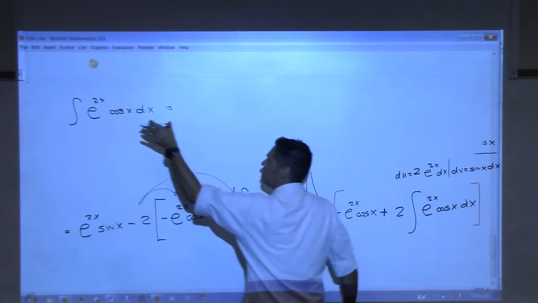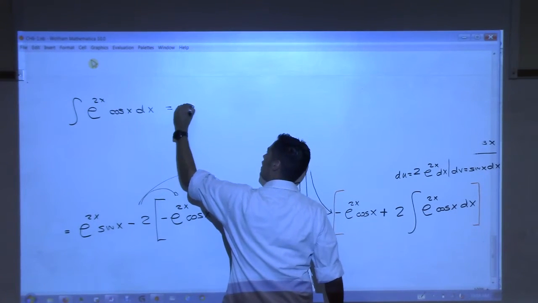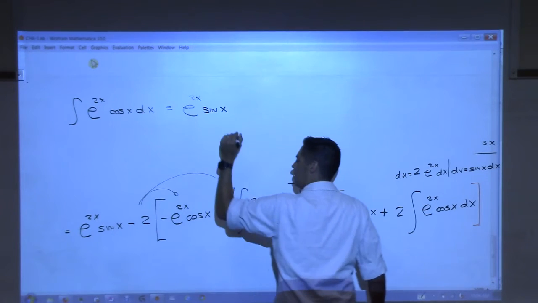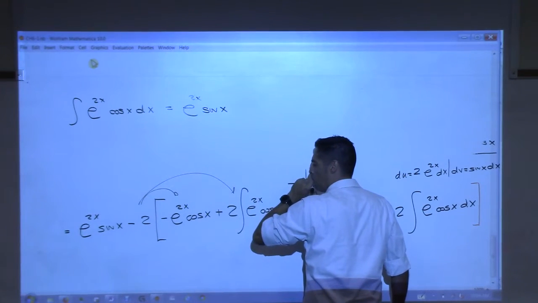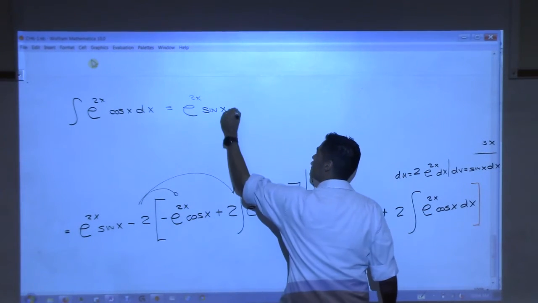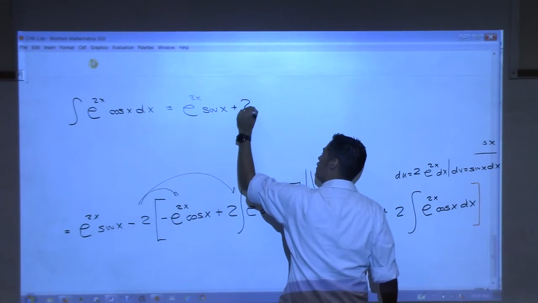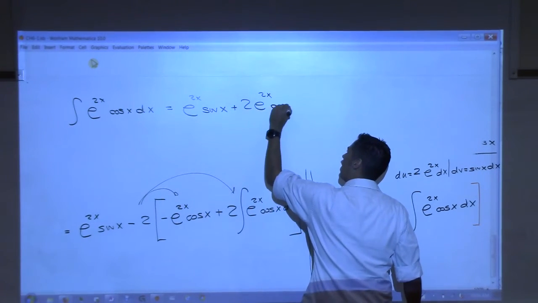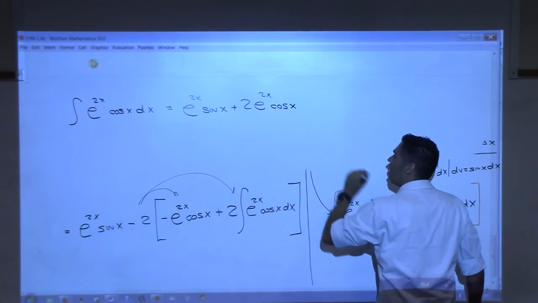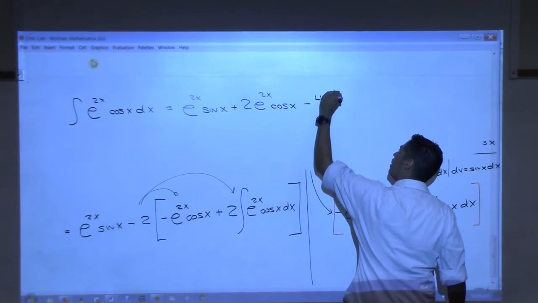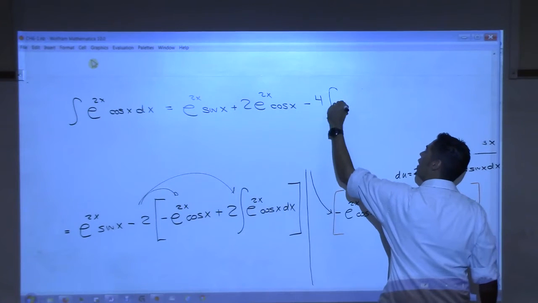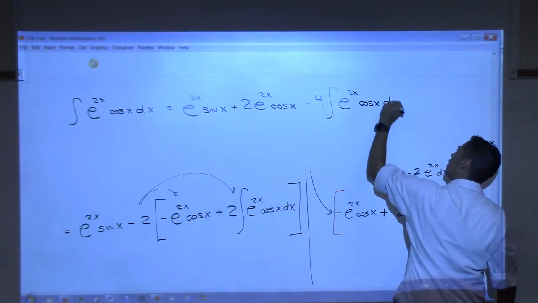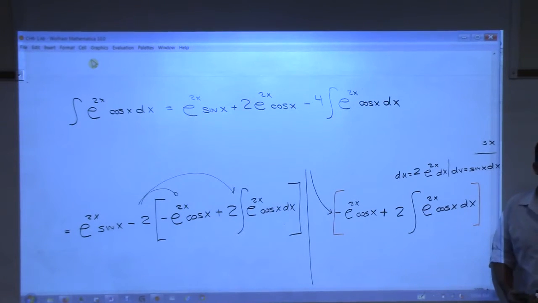So we're saying that this integral is equal to e to the 2x sine x plus 2 e to the 2x cosine x minus 4 integrals of e to the 2x cosine x dx, right?